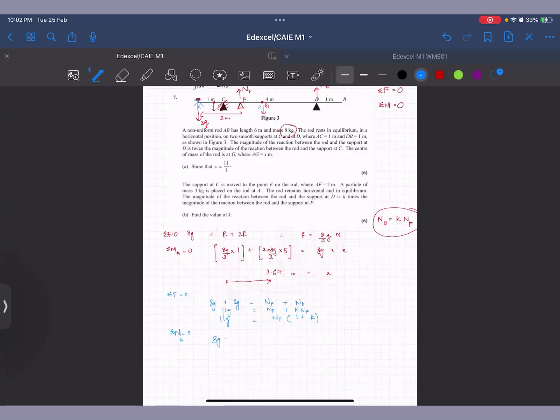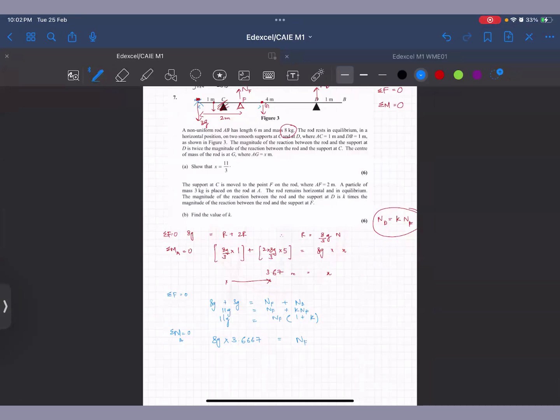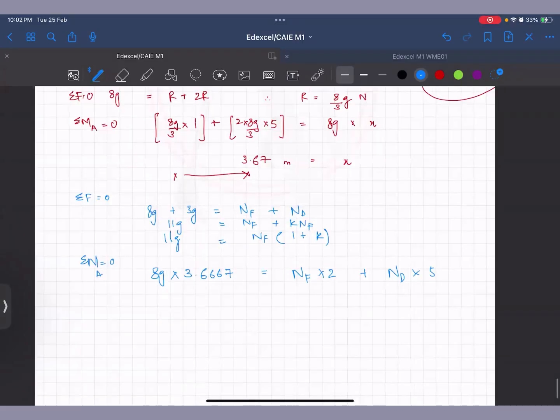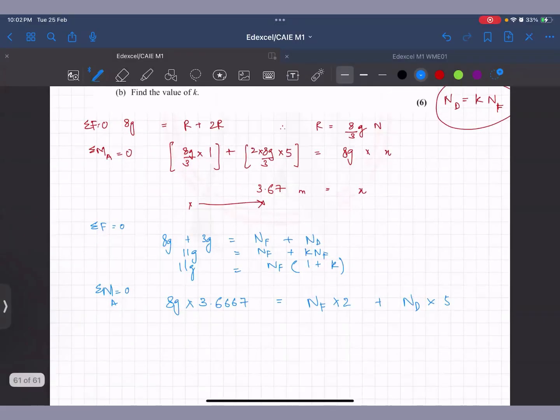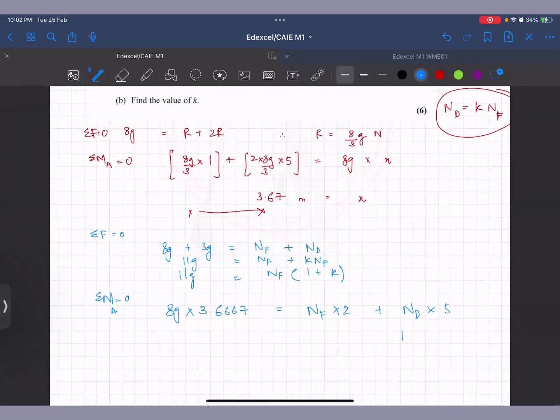So 8g times the center of mass, we have found it from the previous one, 3.6667, is equal to normal force at F times 2 plus normal force at D times 5. And normal force at F, we have found it out, right? Normal force at D is K times normal force at F.